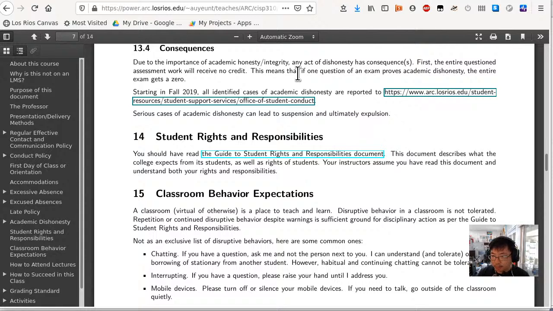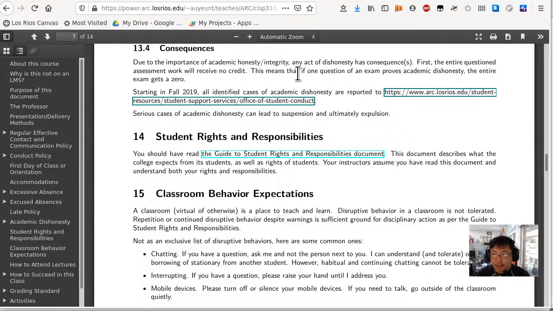In the previous semester, I have had people begging me not to report it. They admitted to it and begged me not to report it. They even tried to convince another professor to convince me not to report it. And guess what happened? I reported it, because if I said I would do it in the syllabus, I am going to do it according to the syllabus.